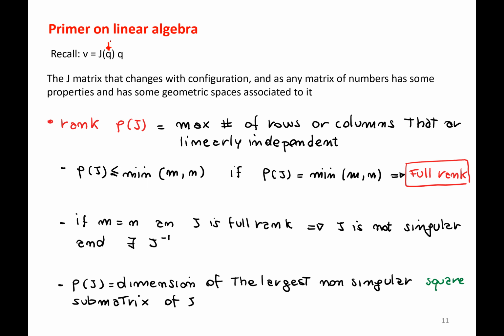And finally, we can also consider the rank as the dimension of the largest non-singular square submatrix of J, that we call the minor of J. So all the square submatrices of J, even if J is rectangular, are minors, and if the largest one is non-singular, with determinant different than 0, then the size of this matrix represents the rank.